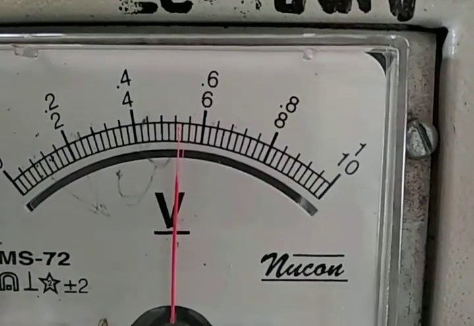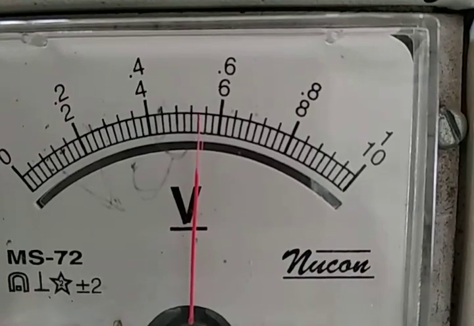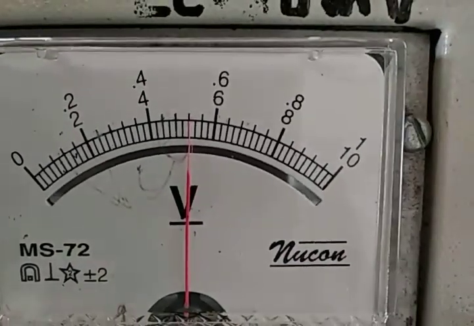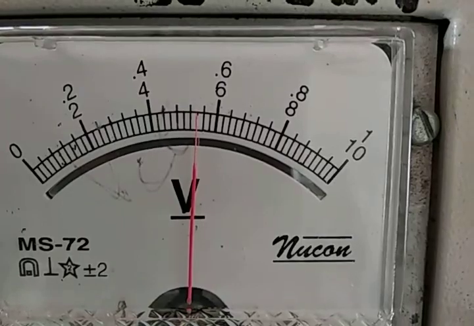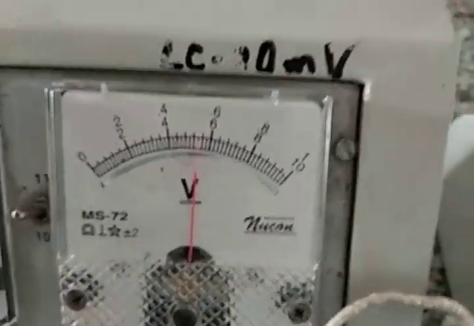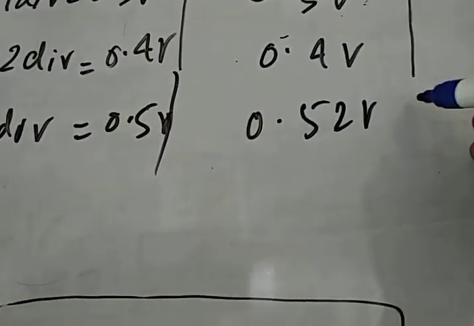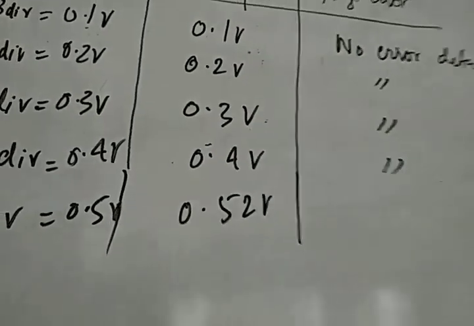It is showing 1 division extra, and 1 division corresponds to 0.02, so this would be 0.52 volts. It's a very small error.